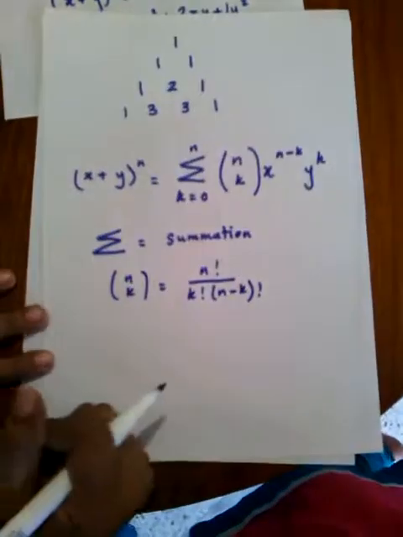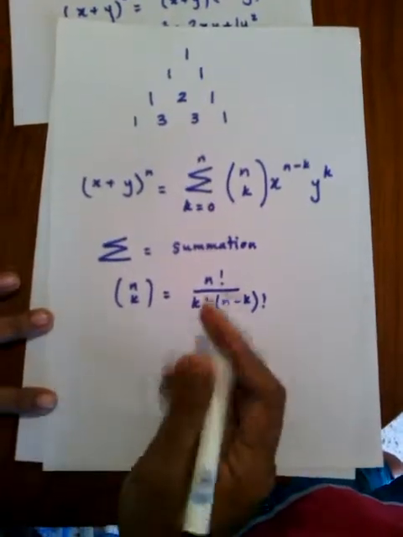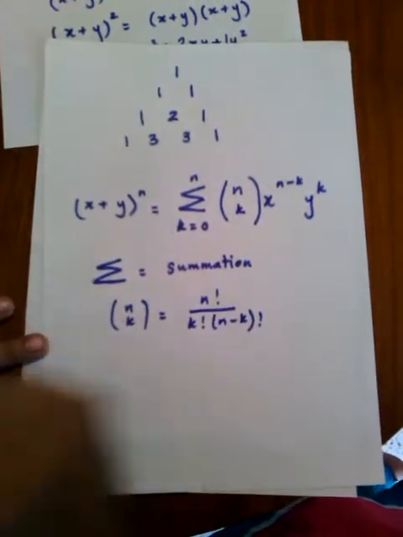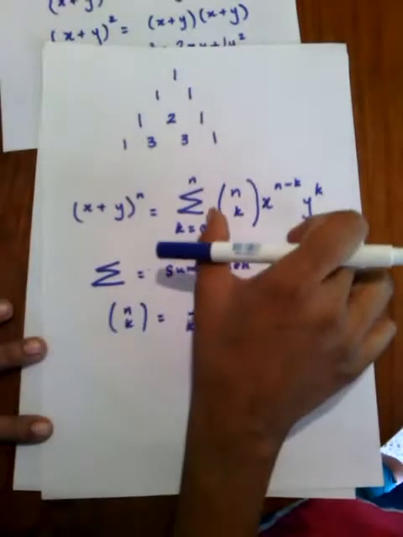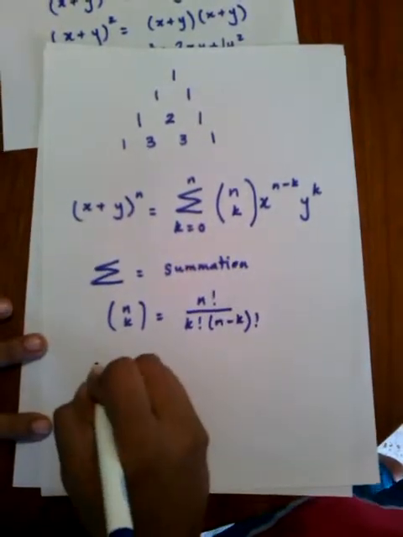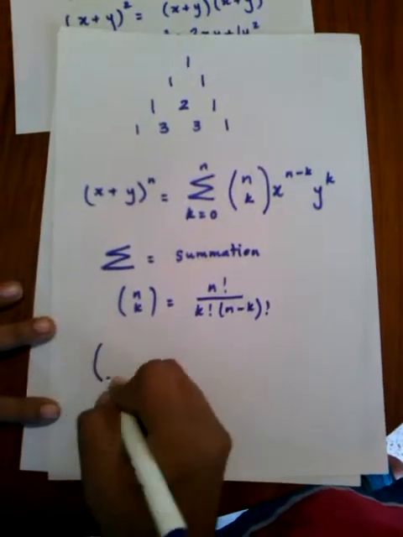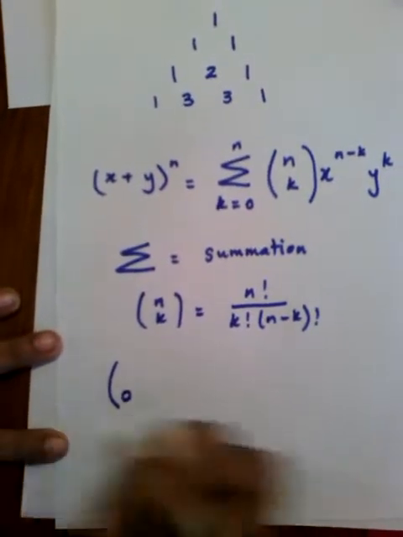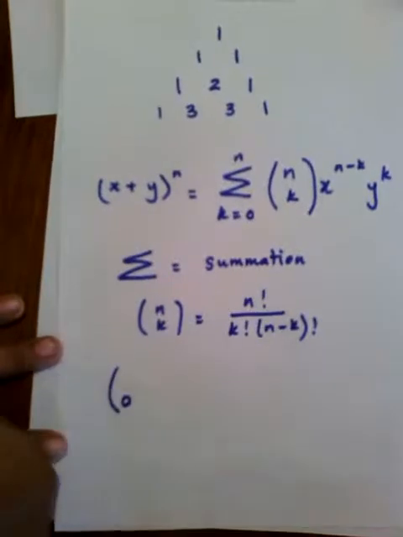So what does the term above mean? It just means that I've got to sum over from k is equal to 0 all the way to n the following. I have to sum over what happens when k is equal to 0. And n can be any number. It can be 10, for example.